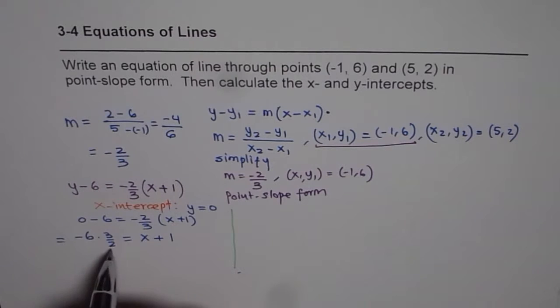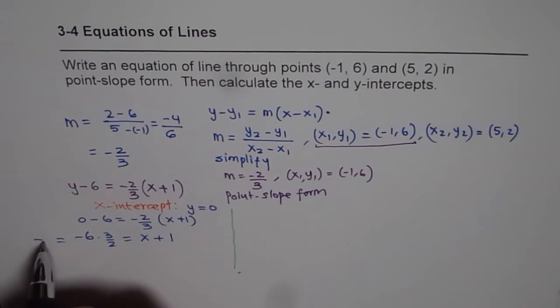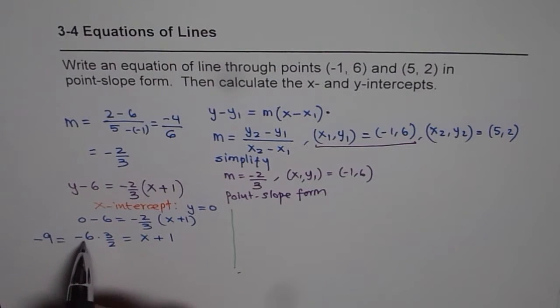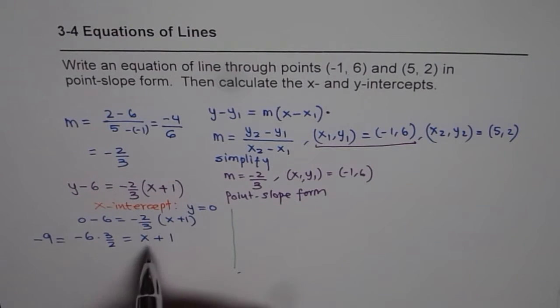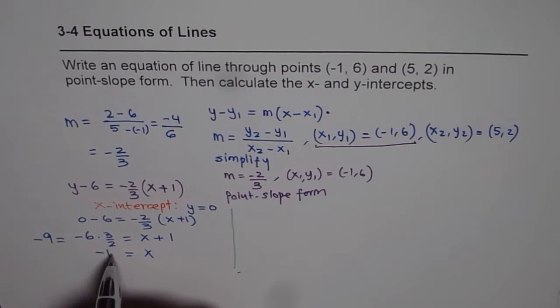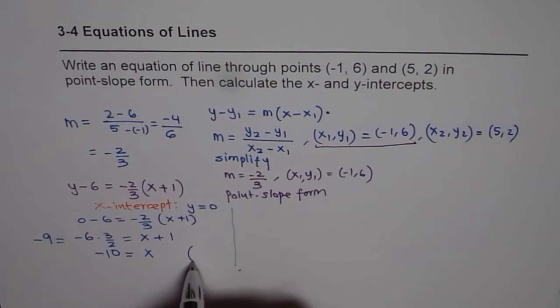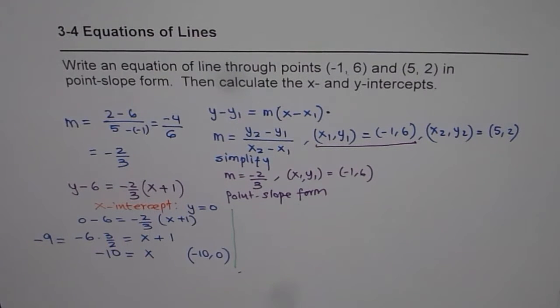Now this is -9, correct? So -6 times 3 over 2 is -9, and from here we get x as equal to, we can subtract 1, so we get -10, correct? So the x-intercept for us is (-10, 0). So that is the x-intercept.